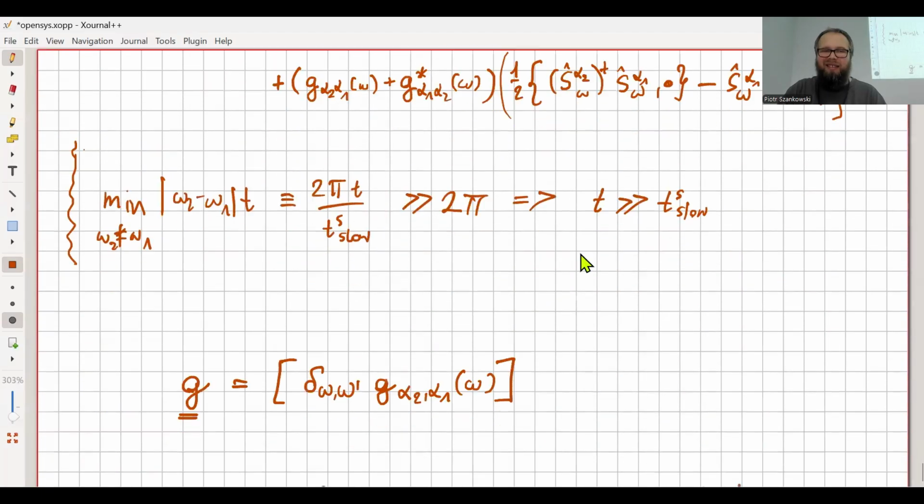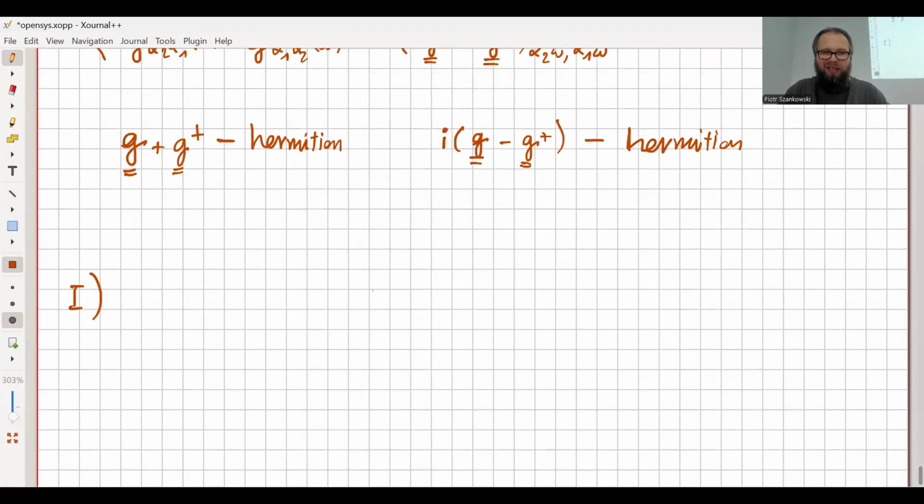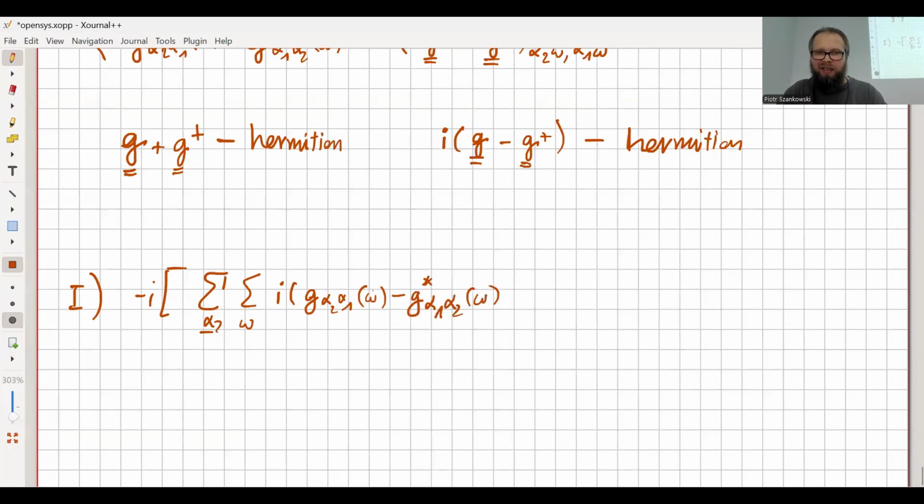and rewrite this commutator as minus I commutator, sum over alpha, sum over omega, I times G alpha 2 alpha 1 omega minus G alpha 1 alpha 2 omega star, S alpha 2 omega dagger S alpha 1 omega.